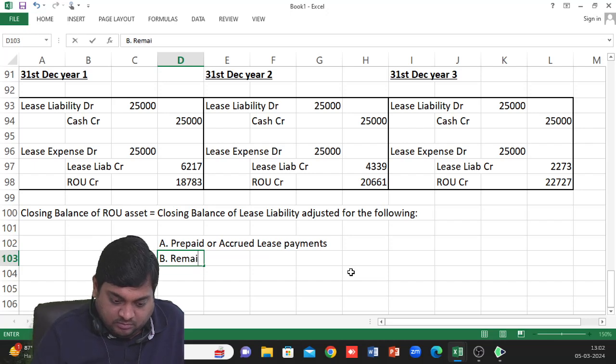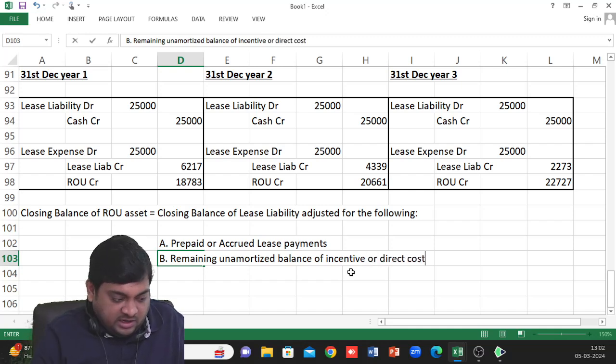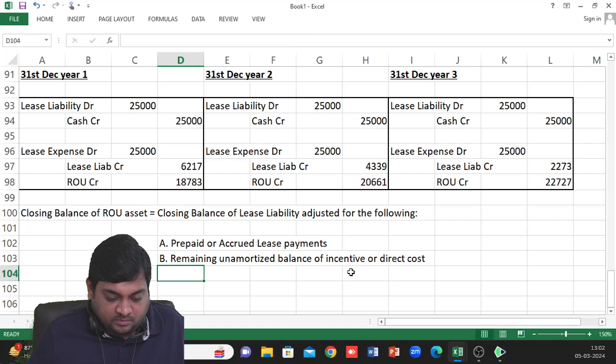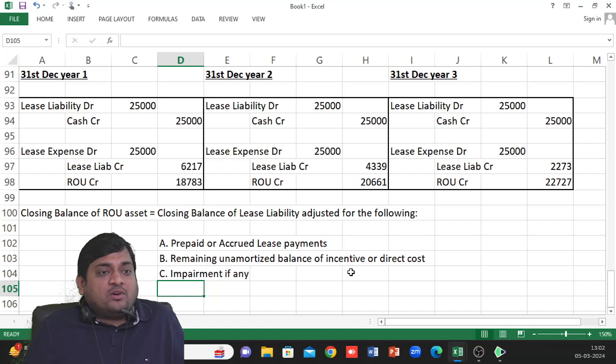Remaining unpaid amortized balance of incentive or direct cost, and impairment if any, because impairment we do for assets, not for liabilities, right?